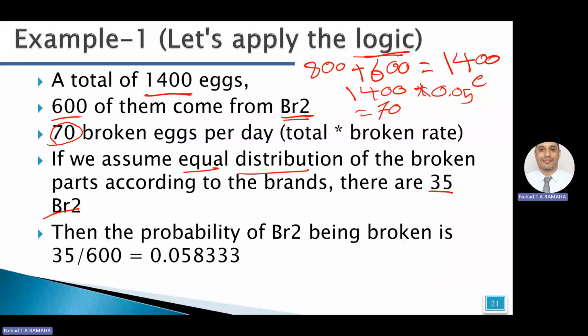This is the broken eggs, and this one is the number of eggs in BR2. So the probability of BR2 being broken is 35 divided by 600. This is using the logic, the common sense. Now using the rule, we have the rule.